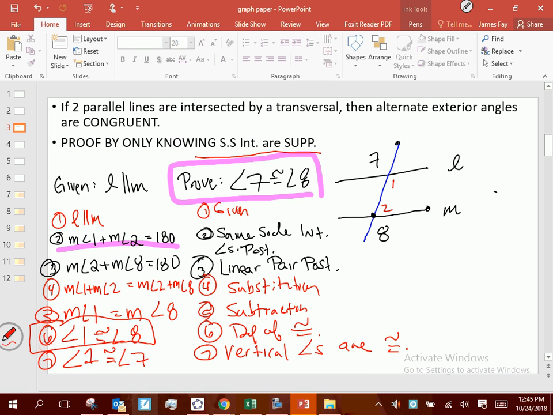Angle 8 is congruent to angle 1, but angle 1 is congruent to angle 7. You see that angle 1's in the middle, that middleman. So we can get rid of it and just leave the 8 and 7. What property is that? Good. Transitive. If you said substitution, that's okay. It's similar.